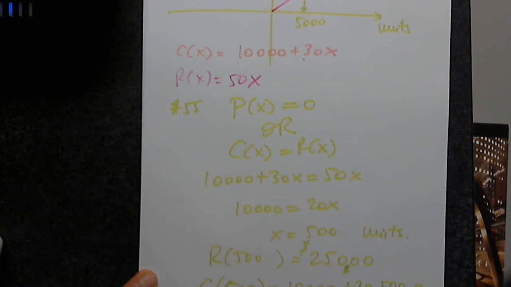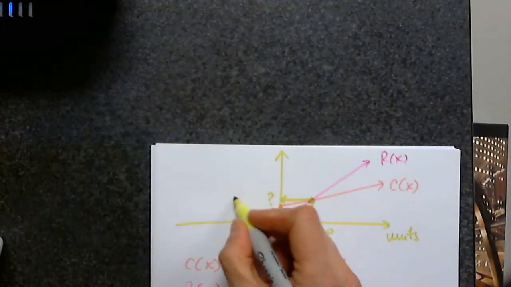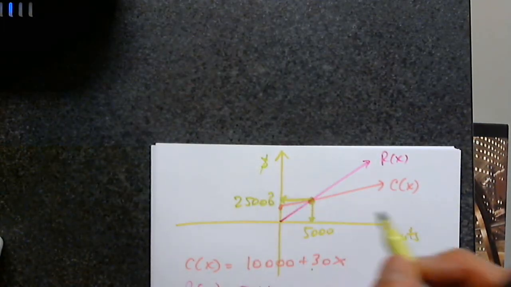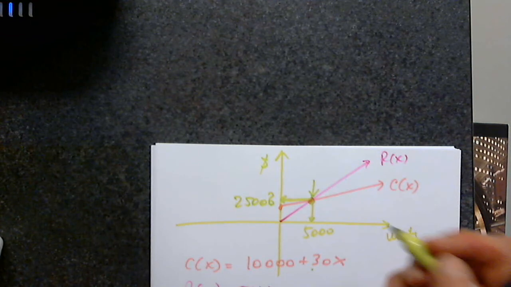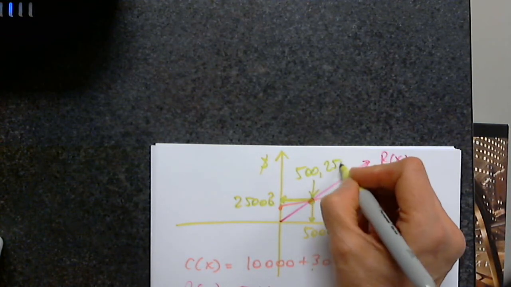Indeed, 25,000 as expected. So the ordered pair is correct. And the ordered pair for the break even is 500 comma 25,000.